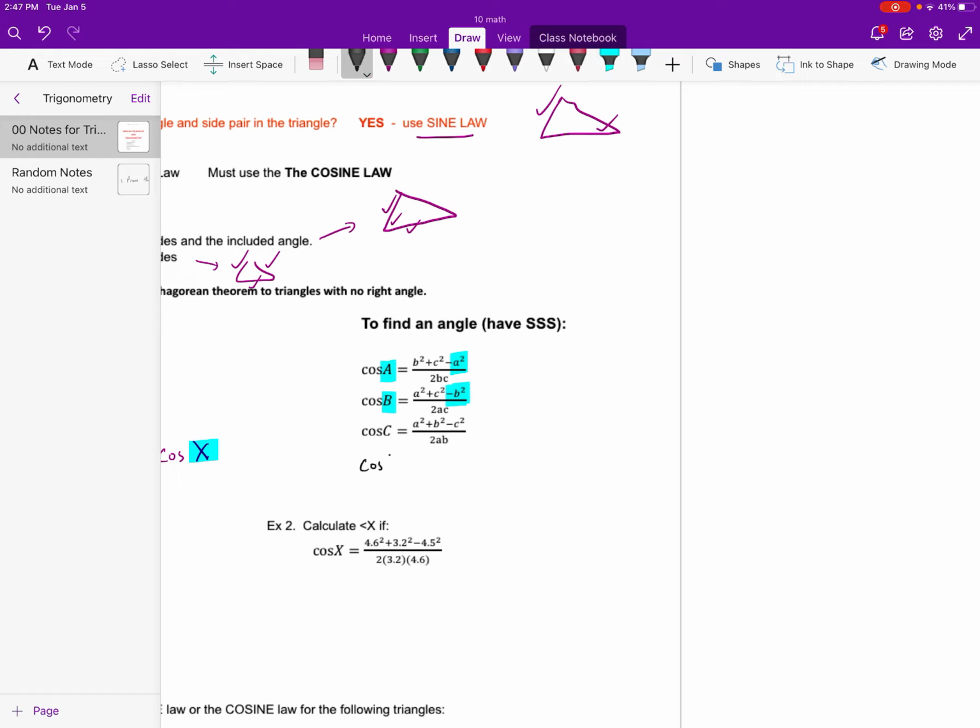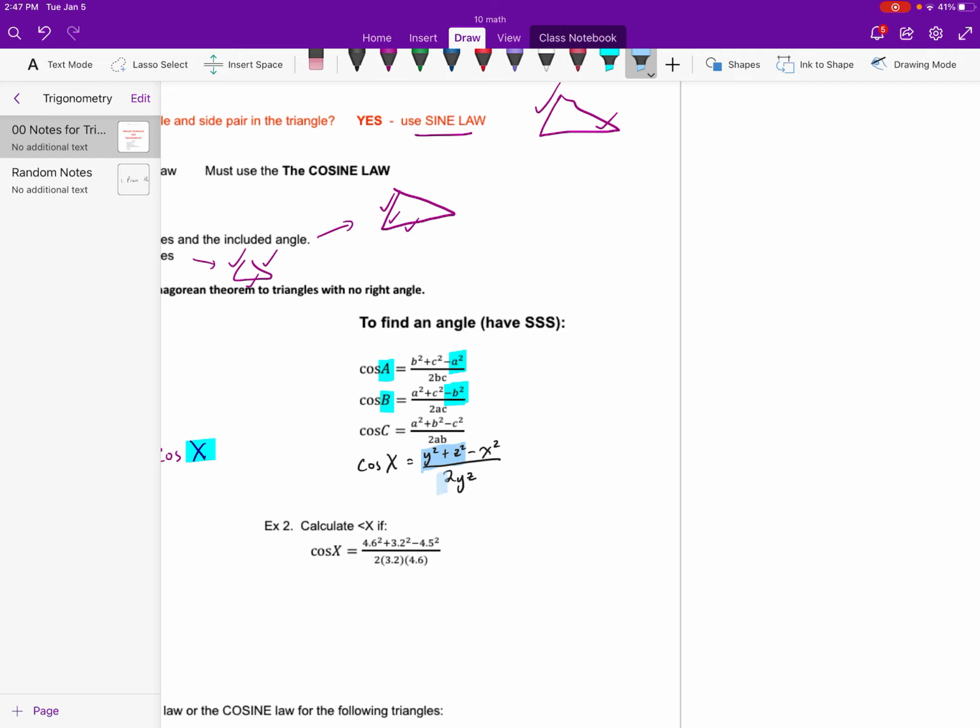So if we're looking for cos of X, the angle X, we would take the other two sides, Y squared and Z squared, and we would subtract X squared, over 2 times Y and Z. Okay? So these two items right here will always correspond with the bottom YZ.